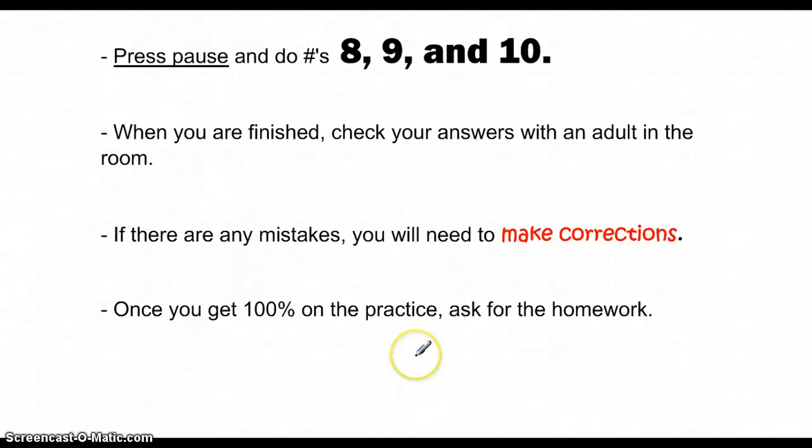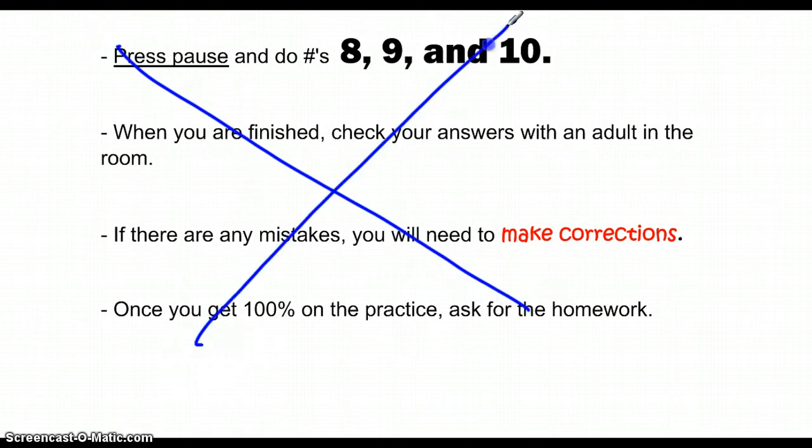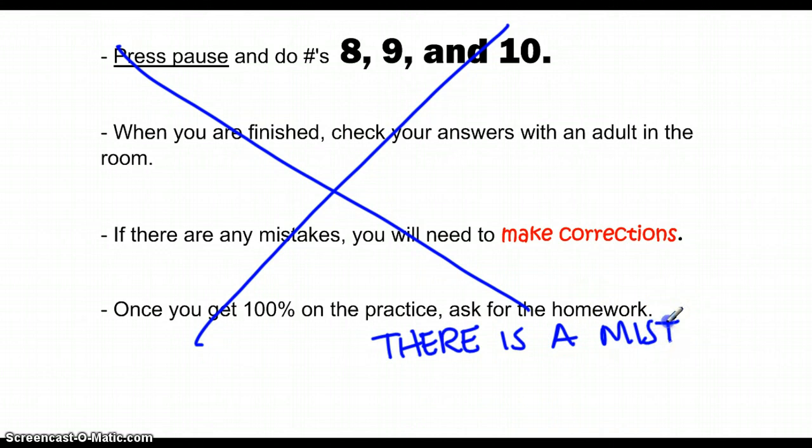Okay, before we get started on what this page actually says, I want you guys to know that there is a mistake. There is a mistake. And the mistake is in one of the problems in number 1 through 7. It is one mistake. If you can find the mistake and correct it, then you can have 5 points extra credit towards your grade.